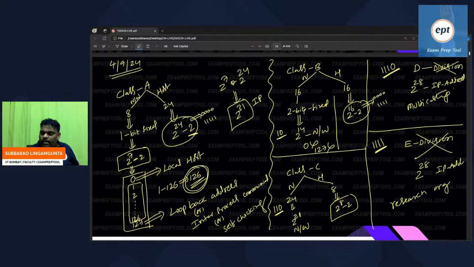Maybe they will give it to governments and research organizations. Class D for multicasting. Class E for research purpose.